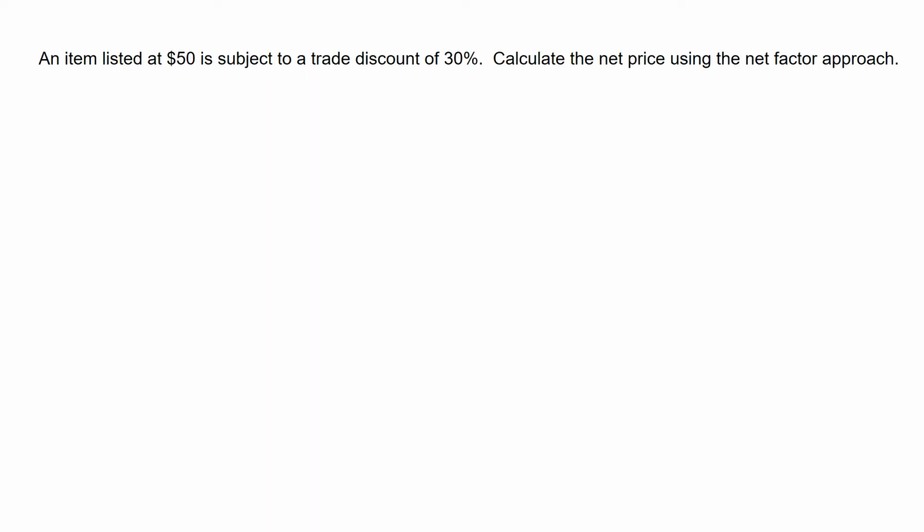Okay, let's consider another example. An item is listed at $50 and is subject to a trade discount of 30%. We need to calculate the net price using the net factor approach. Here the discount rate is 30%, so the value of D is 0.30. Using the net factor approach, we calculate NPF first.